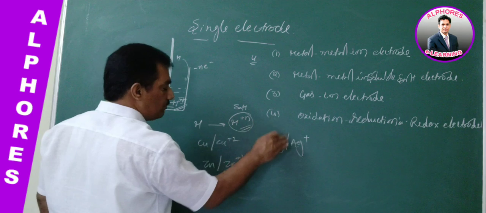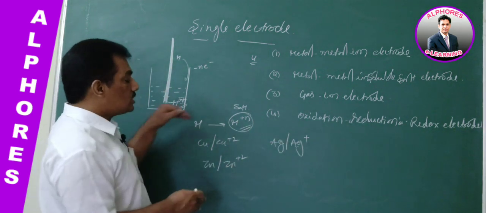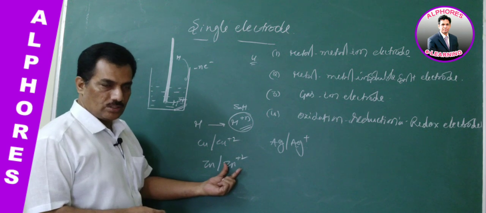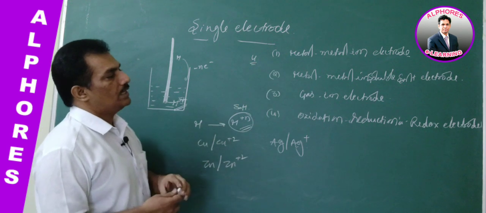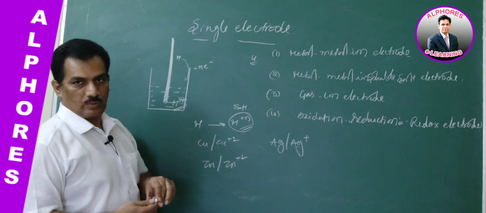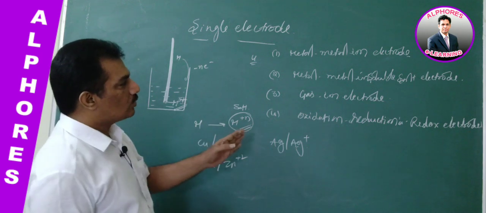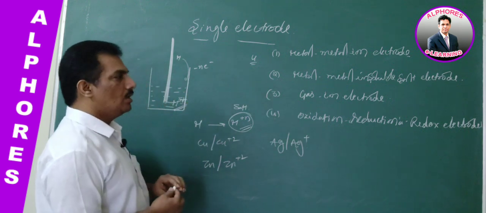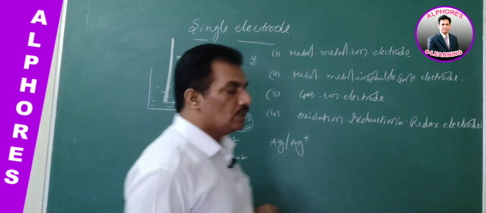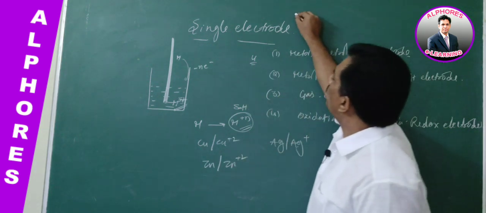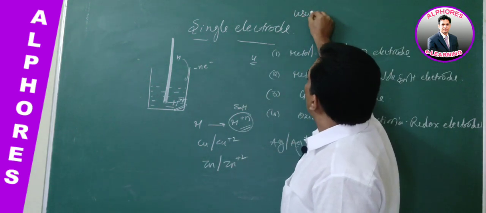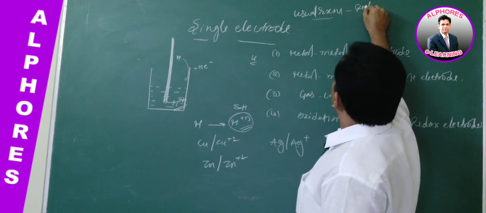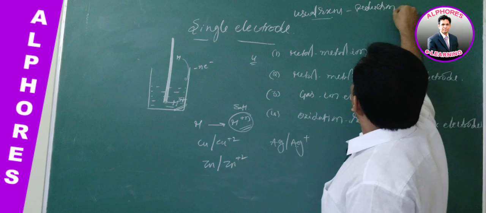Like that, different metals with their salt solution where the cation of that metal exists will construct the metal ion electrode. Here in this electrode, the representations, you remember, not only for metal ion, in all these single electrodes, the usual reactions are reduction reactions.